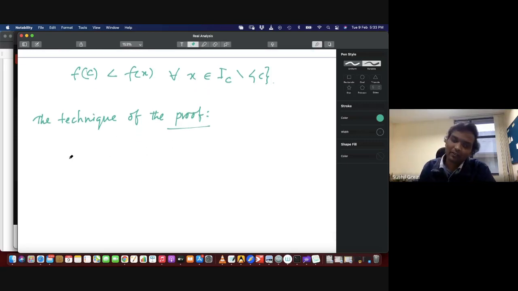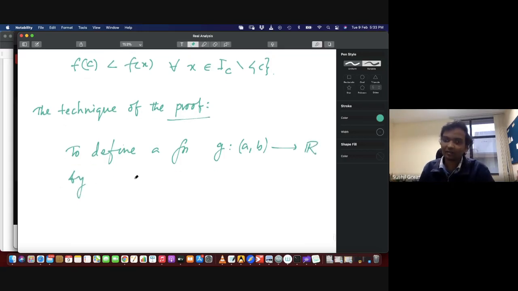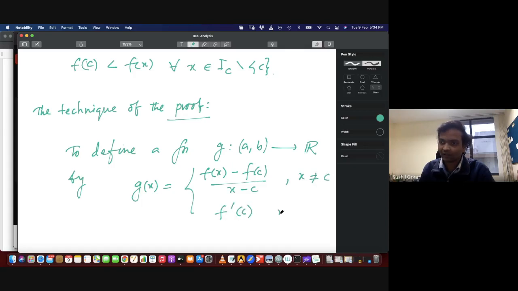It is actually to define a function g from (a, b) to R by g(x) equal to (f(x) minus f(c)) by (x minus c) when x not equal to c, and f prime c when x equal to c.